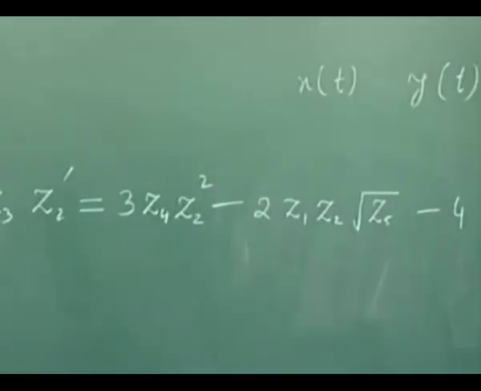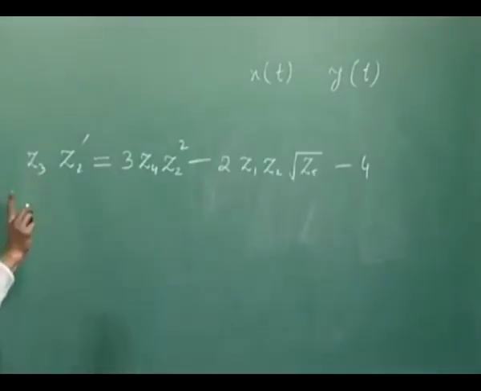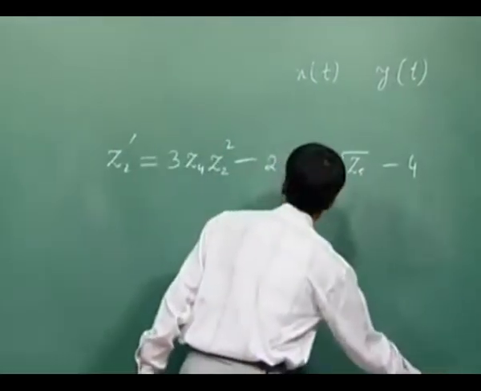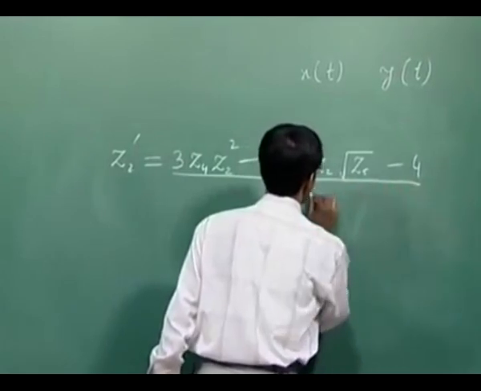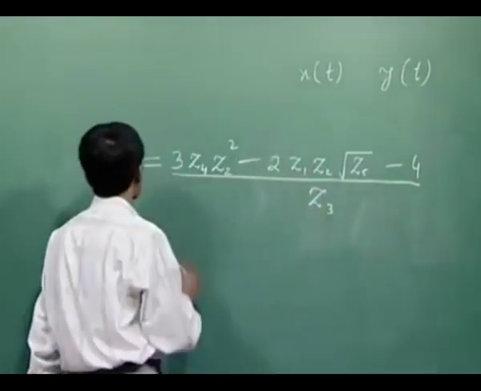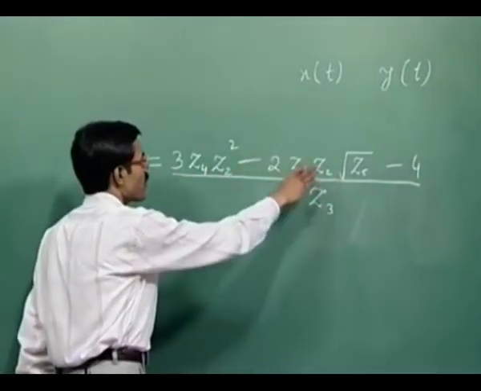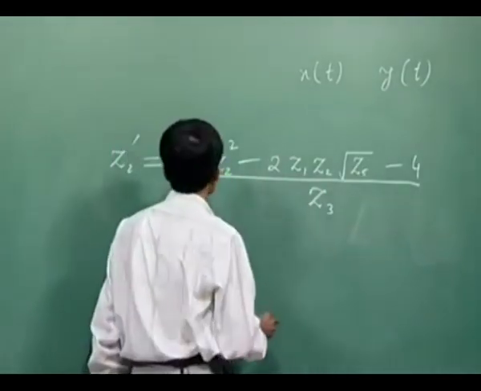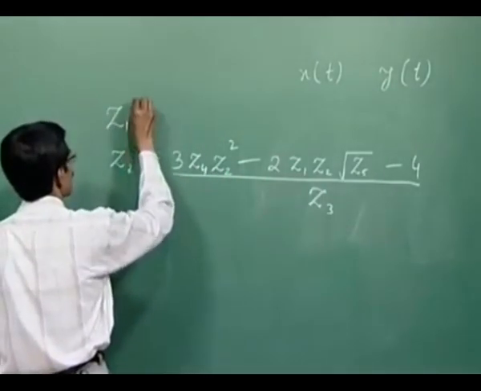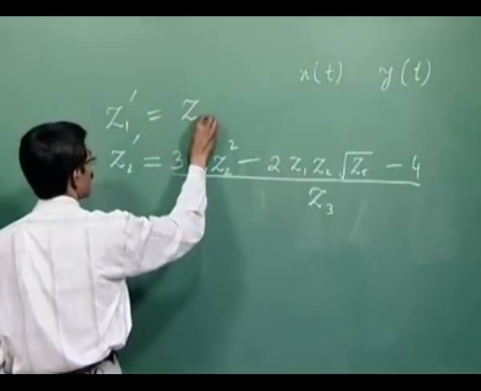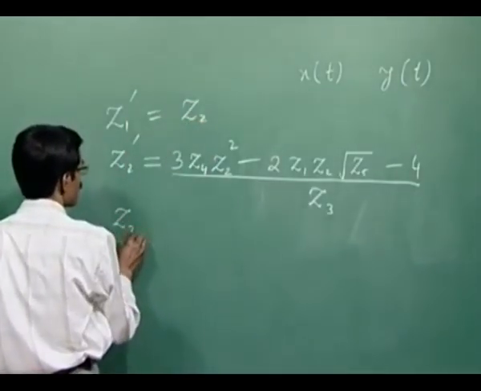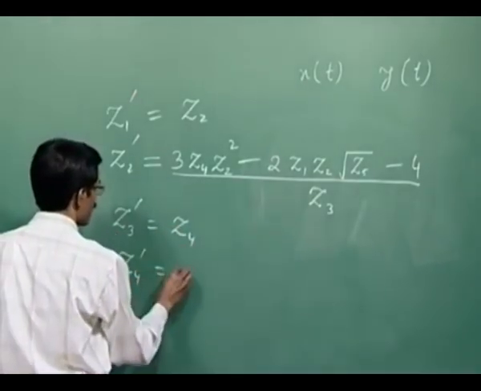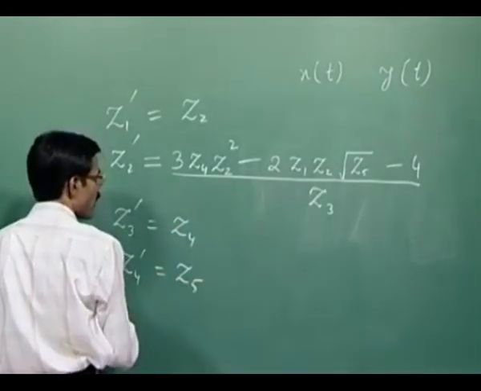Of course, this will be valid in a domain in which z3 does not become 0. So, z2 prime turns out to be a function of z1, z2, z3, z4, z5, right, and we have already found that z1 prime is z2, z3 prime is z4, z4 prime is z5, and z5 prime we need.